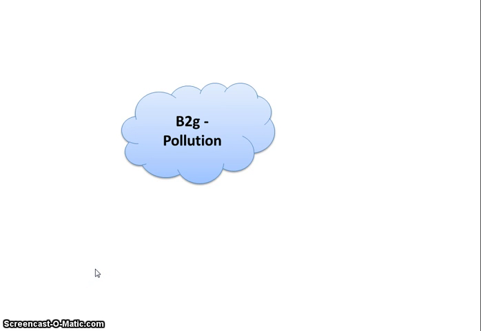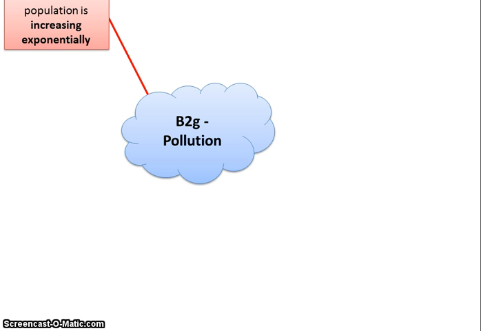Okay, we're going to have a look now at pollution, and basically we're going to have a look at the impact the human population is actually having on the atmosphere. Now, obviously, our human population is growing, and you need to learn this word. It's called exponentially.